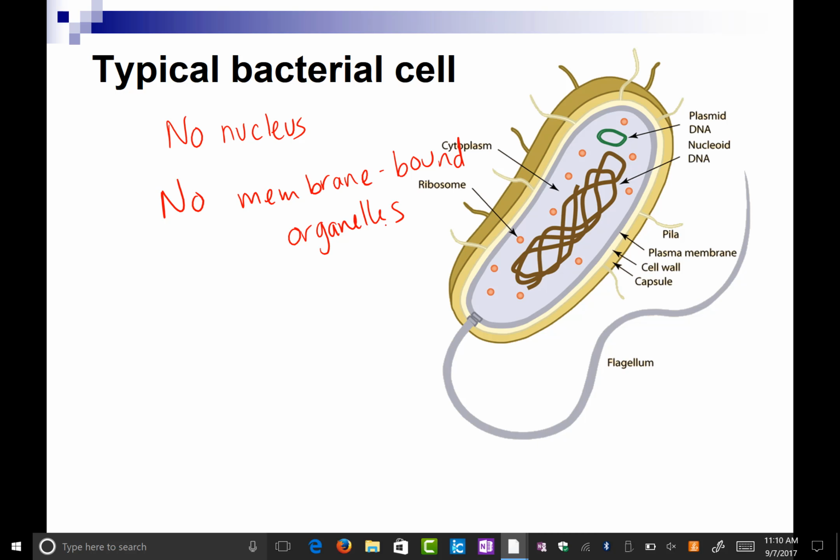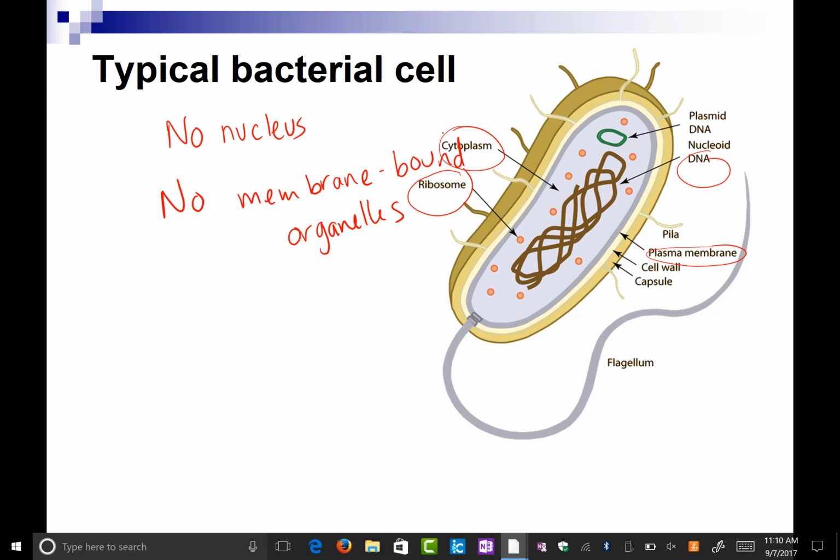But they do have a cell membrane, also called the plasma membrane, and they do have DNA, and they do have ribosomes and cytoplasm.